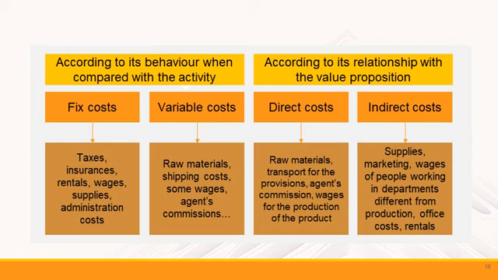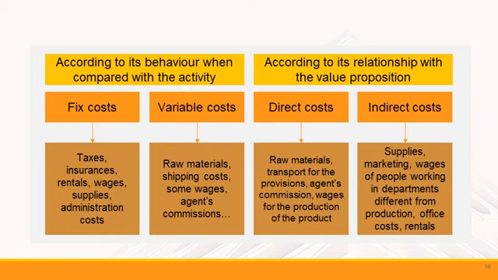So here we have the examples of fixed costs, variable costs, direct and indirect costs. According to its behavior, when compared with the activity, we have the fixed costs. These are, for example, all the taxes that I have to pay as a business, all the insurances that I have to pay also to ensure that my machinery is going to work properly, or for my employees or whatever.